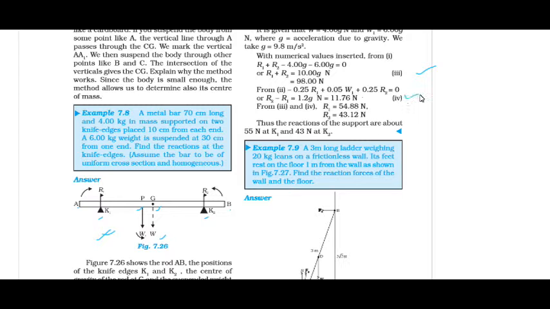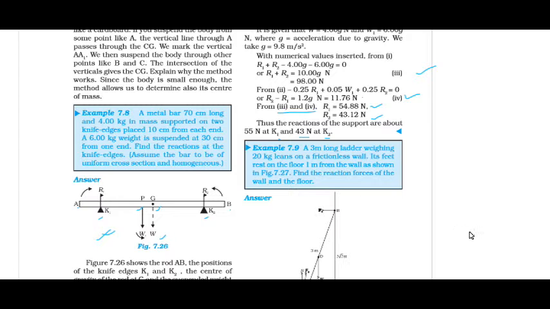This is equation number 4. Upon solving equations 3 and 4, we get the values of reactions R1 and R2. Thus the reactions of the supports are about 55 Newton at K1 and 43 Newton at K2.